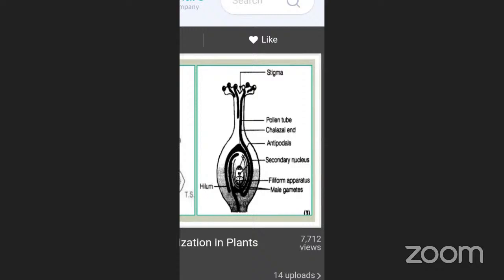When the synergids are lacking, as in the Plumbago type, the egg itself develops the apparatus. On entering the synergid through the passage of the apparatus, the pollen tube reaches the synergid cytoplasm and its growth stops.